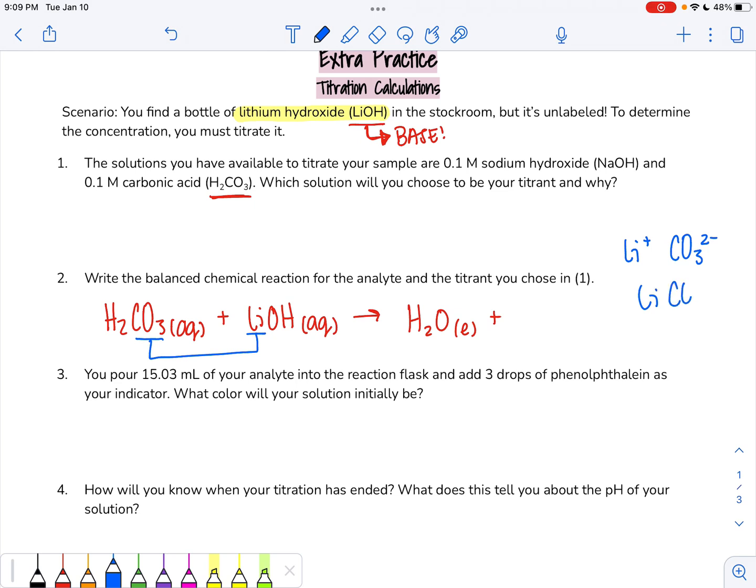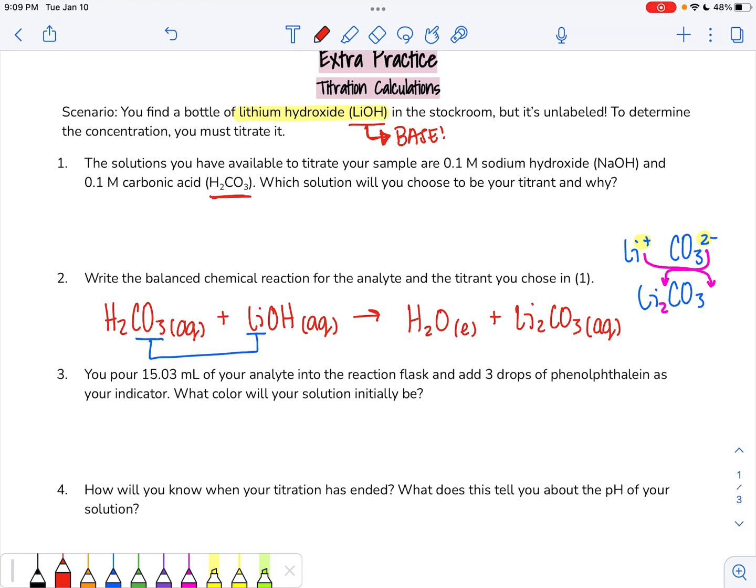So if we crisscross these things right here, 2 is going to come down and be the subscript for lithium. 1's going to come down and be the subscript for carbonate, so we don't need to write an extra subscript in there. So this means the formula for our salt is Li2CO3, lithium carbonate. And that's going to remain dissolved in solution.